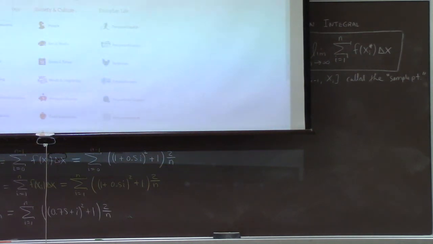So we want the sum from, let's see here, we'll try i equals 0 to i equals n minus 1, of parentheses, 1 plus 0.5i, quantity squared, plus 1, times 2 over n, right?